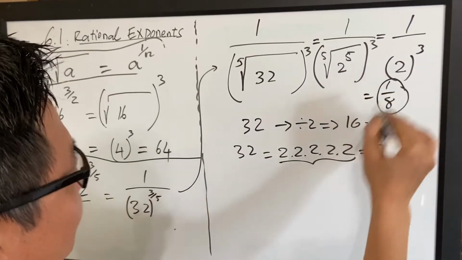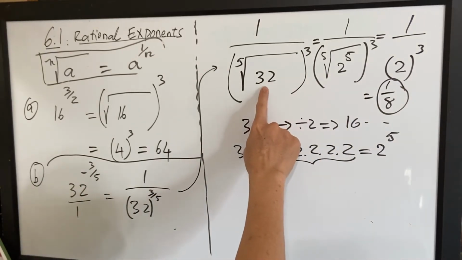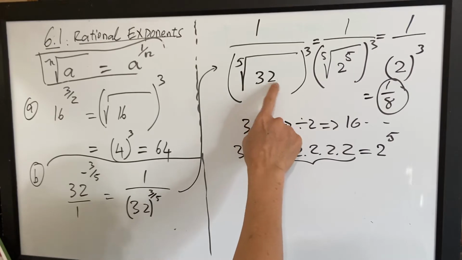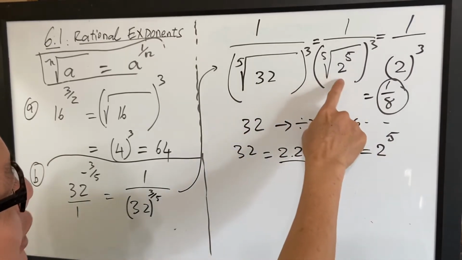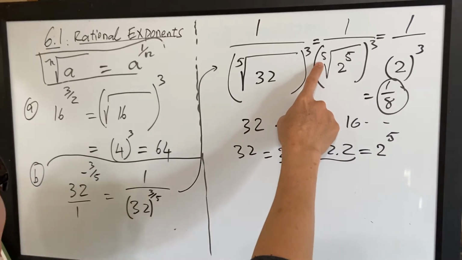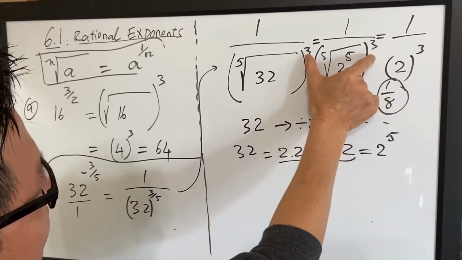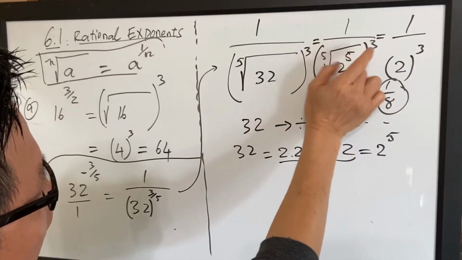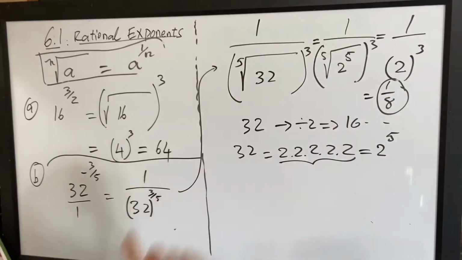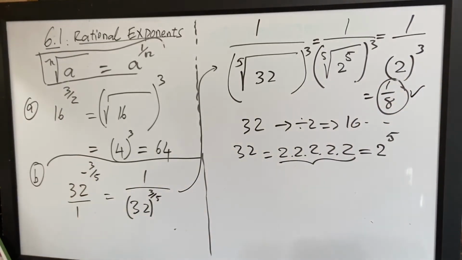There we go. That is what I'd like for you to capture right away. 32 is 2 to the 5th, and the 5th root of 2 to the 5th gives you 2. And then noticing the exponent of the whole radical form is 3, therefore 2 to the 3 gives you 1/8, and that is your answer right there, okay.